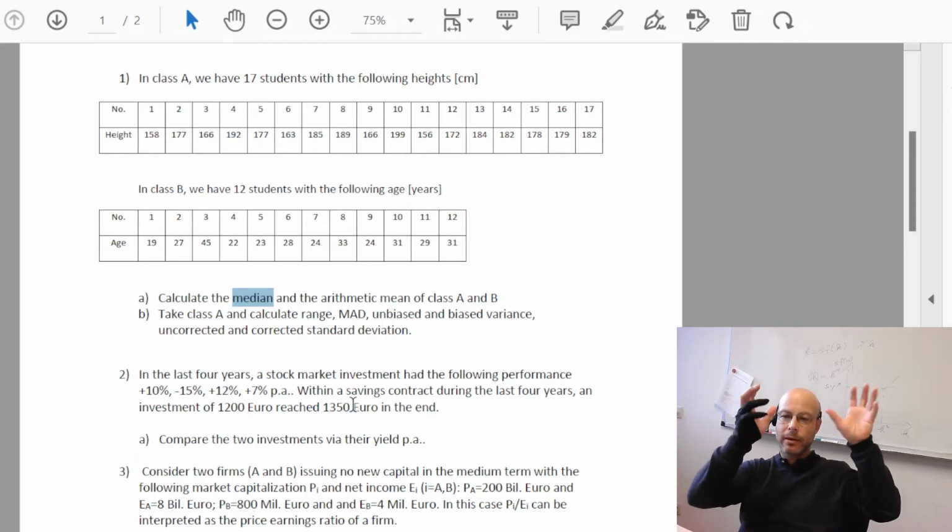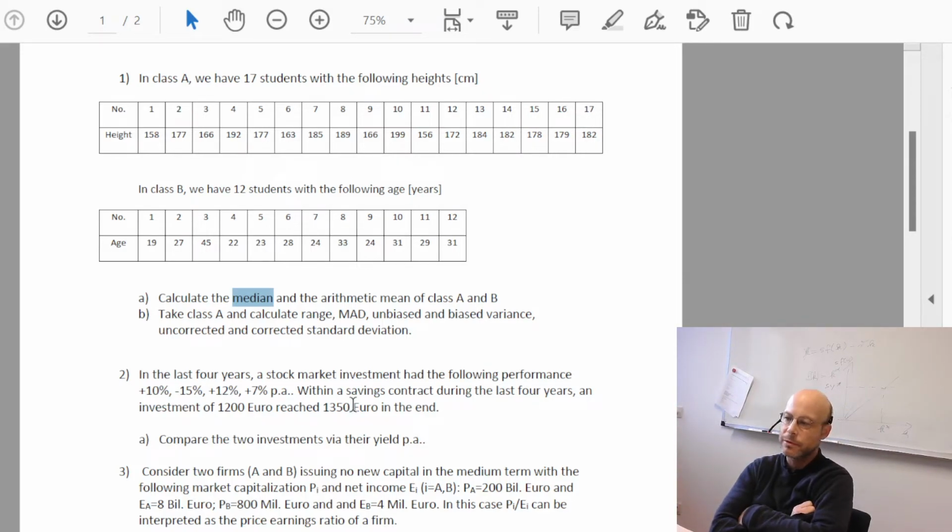So if we look at the performance of the two investments in the past, we just want to compare these two investments. Which one of these investments had the better performance? And we want to calculate the average yield per annum, so per year, of these two investments. How do we do this?